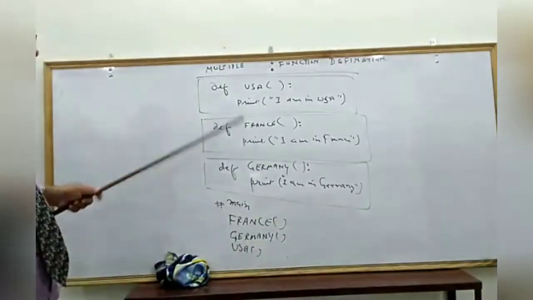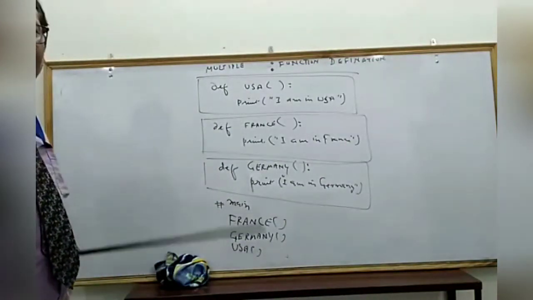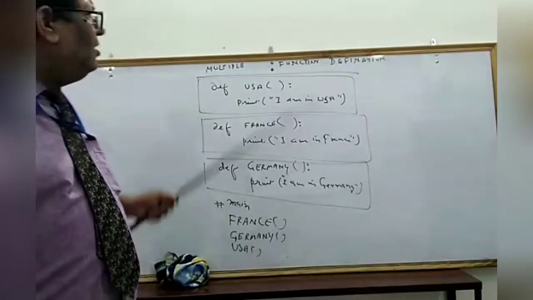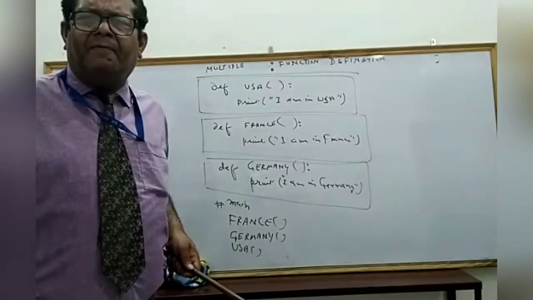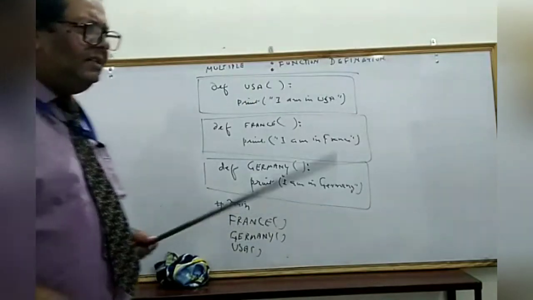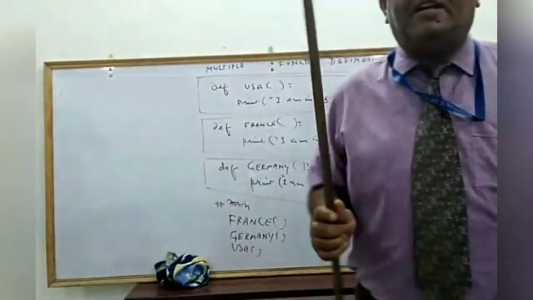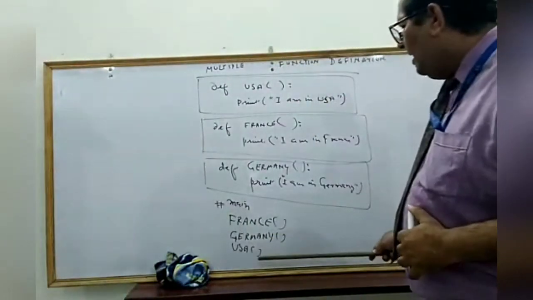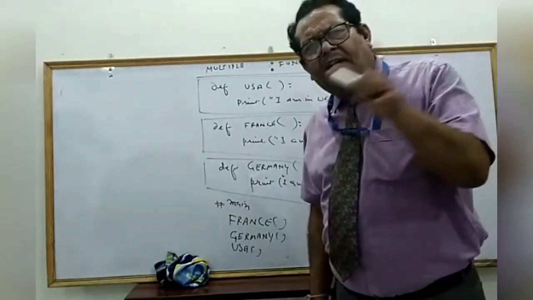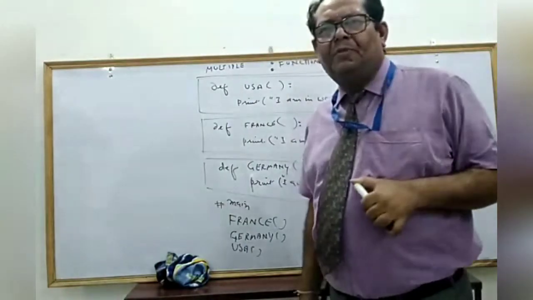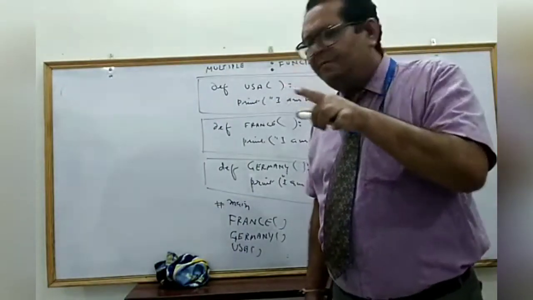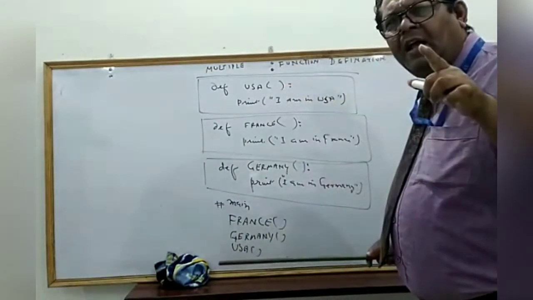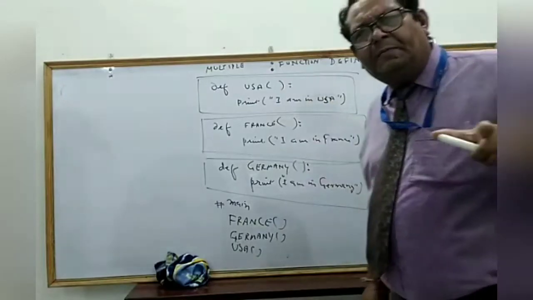When the control comes to main, it will first call the function France. The function France will get executed and you will get the result I am in France. Second, the function Germany is called, so now you get the result I am in Germany. And last, the function USA is called, so now you get the result I am in USA. So the result of this code when executed will be: I am in France, I am in Germany, and I am in USA.